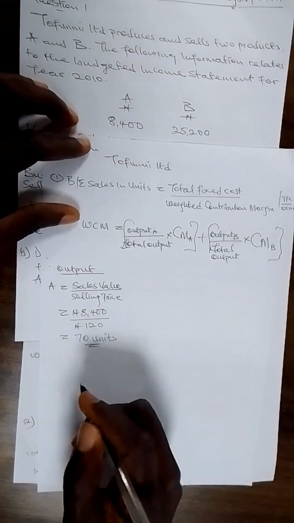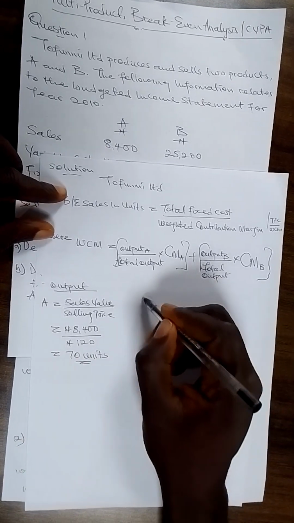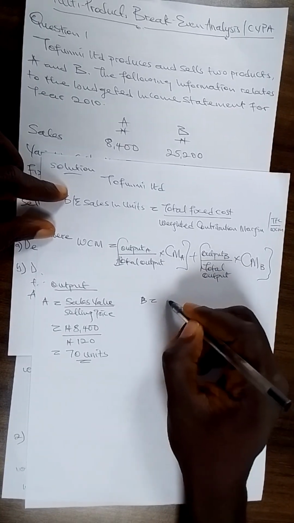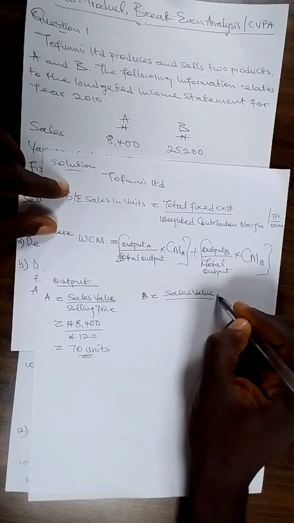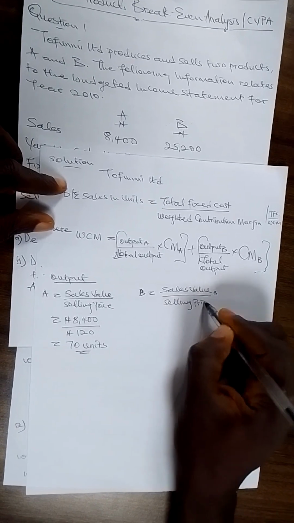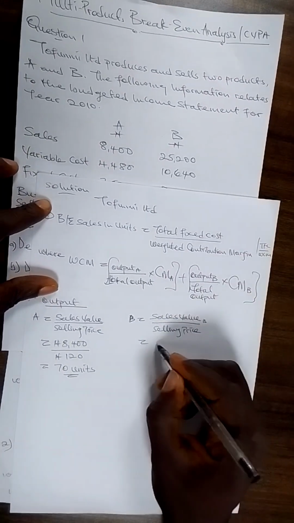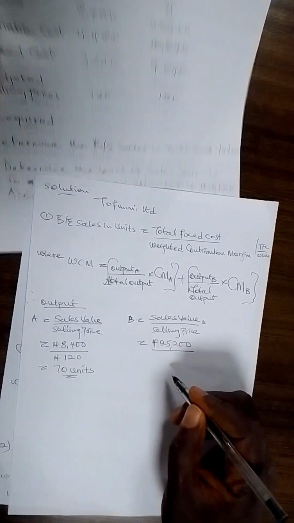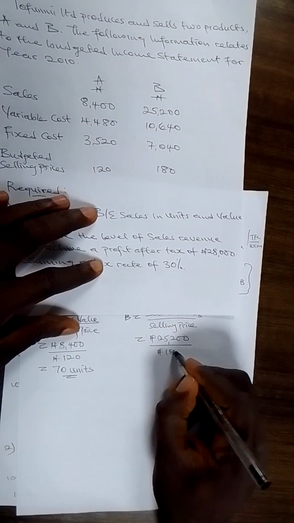Then for B, we move to B. This is the output for A. Then the output of B, we have the same formula: sales value of B all over the selling price of B. So the sales value of B is 25,200 naira divided by the unit selling price of 180 naira.